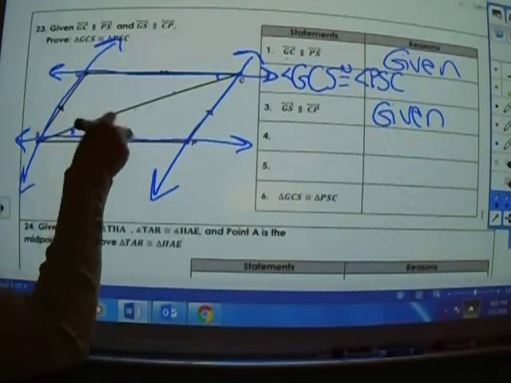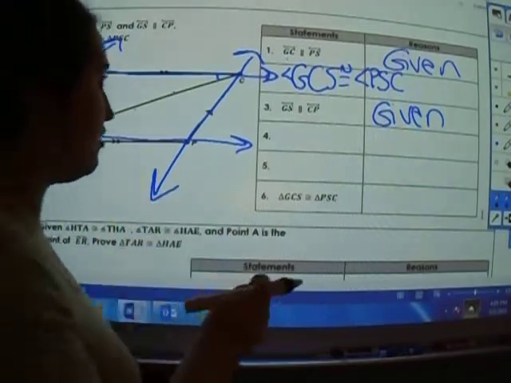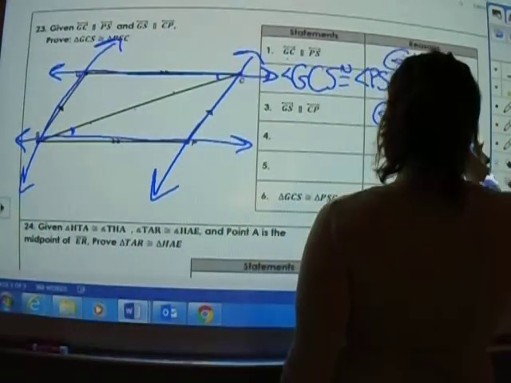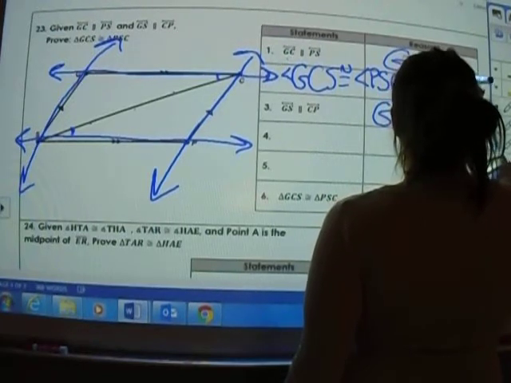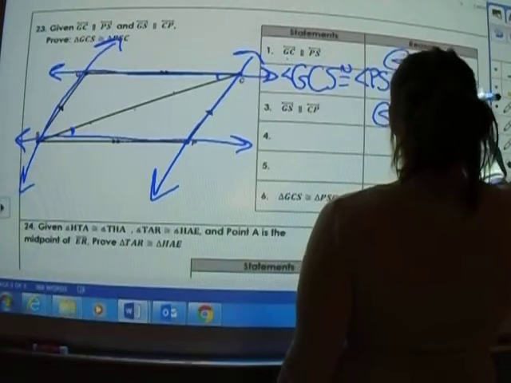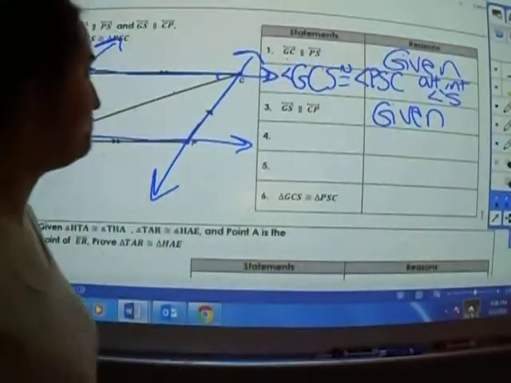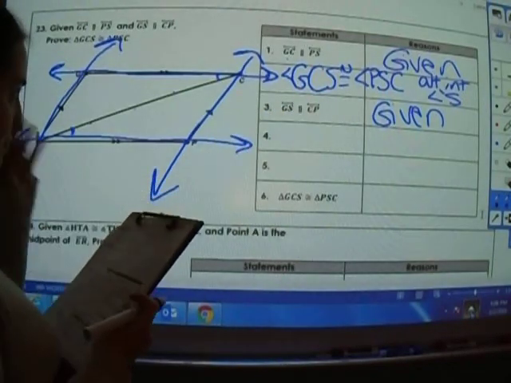GCS, PSC. That's this right there. And that is because they're alternate interior angles. Okay?